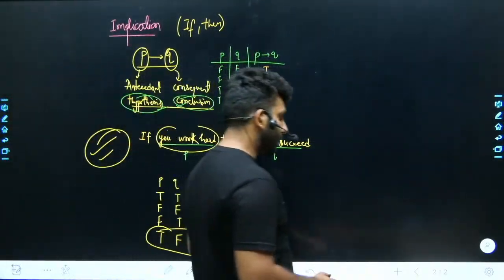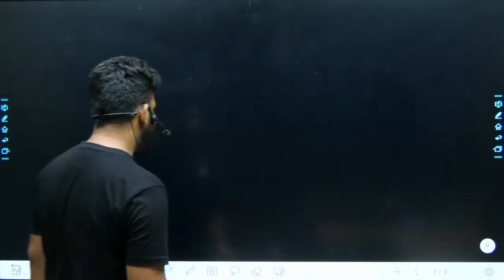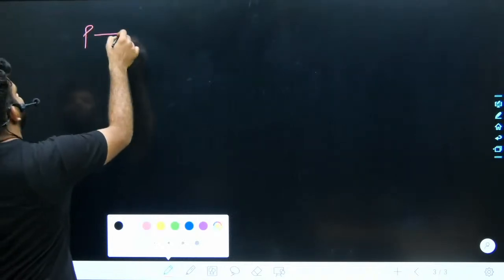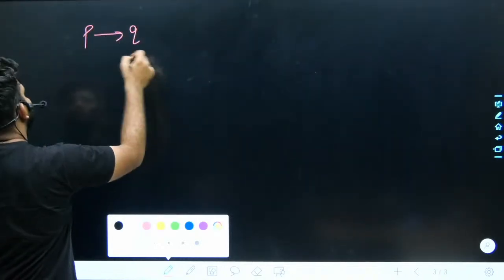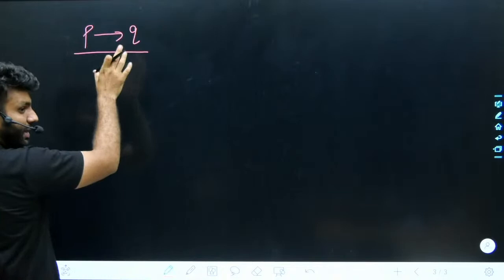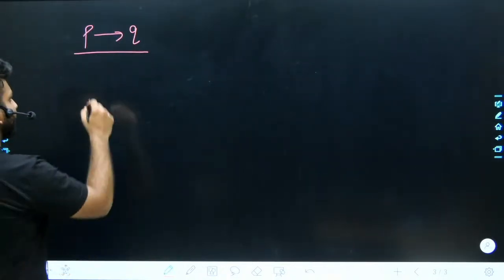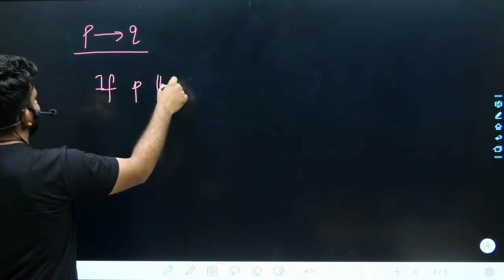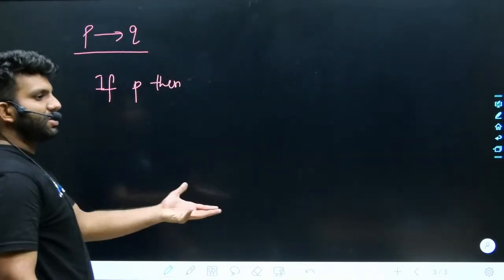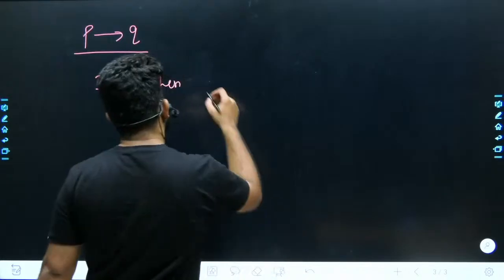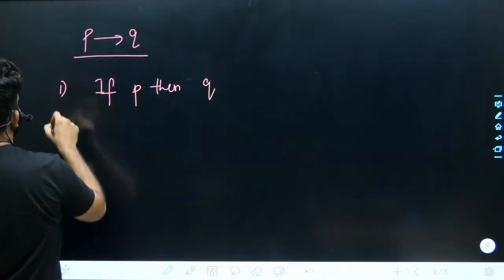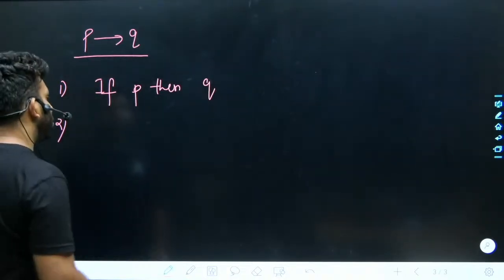One example is if P then Q. So I'll be writing for P implies Q, what can be written in English? Something like this: if P then Q. Now P represents a proposition and Q represents some proposition. This is the first one. Second, Q if P.